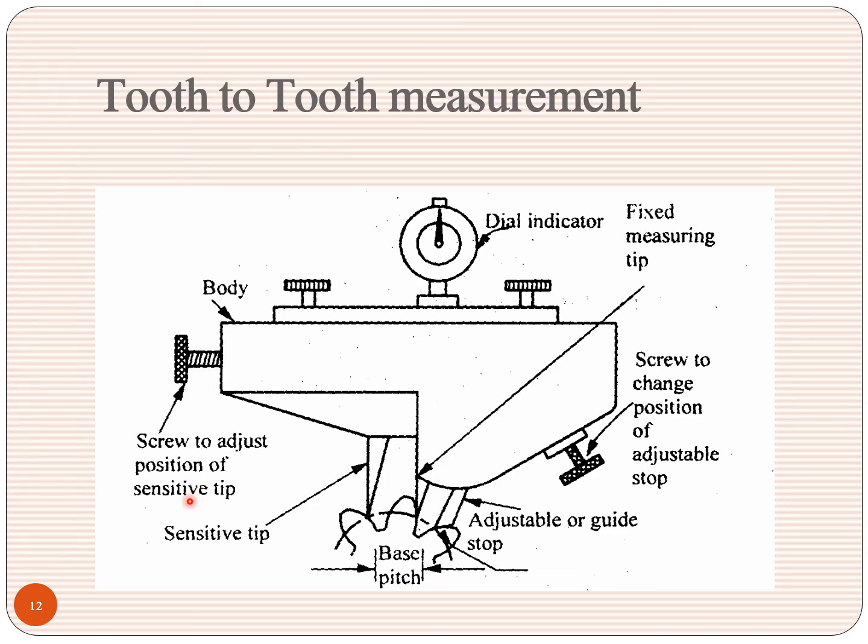This is a body screw to adjust the position of the sensitive tip. This is called the sensitive tip. This is called the fixed measuring tip. The distance between this and this is called the base pitch. This is tooth to tooth measurement using the dial indicator.